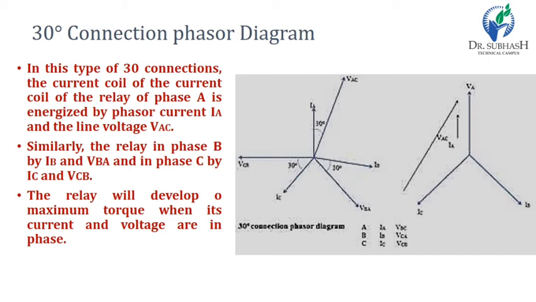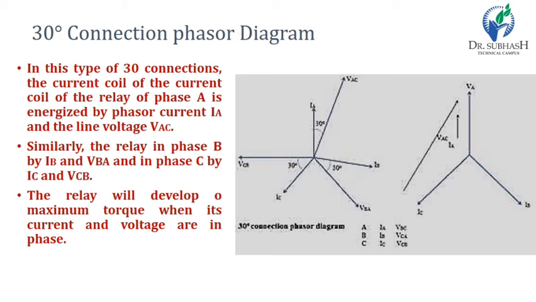In this 30-degree connection, the current coil of the relay of phase A is energized by the phasor current IA and line voltage VAC. Similarly, the relay in phase B by current IB and VBA, and in phase C by IC and VCB.